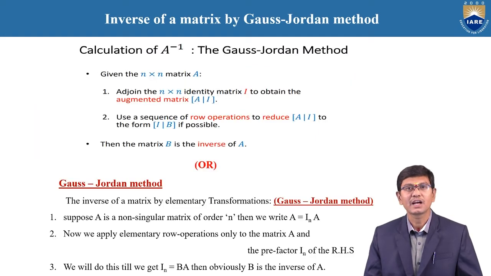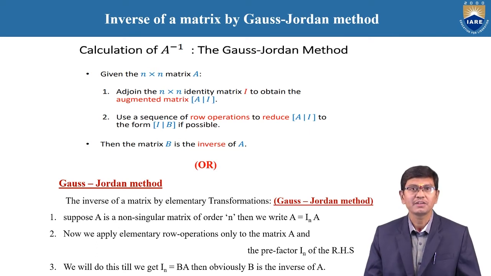Now we are going to calculate, with the help of this procedure, the inverse of a matrix by using the Gauss-Jordan method. There are two steps we need to follow. One, the given matrix is of order n by n.